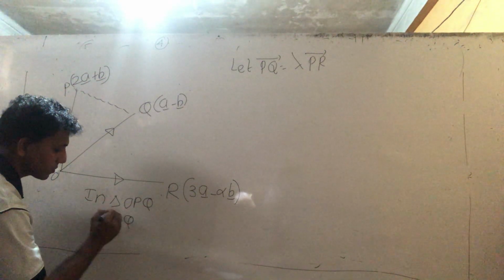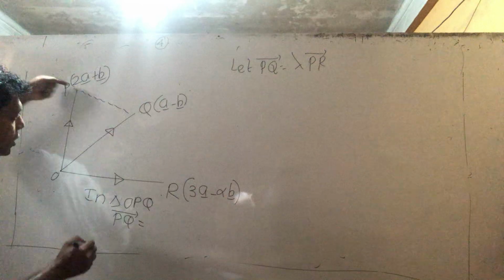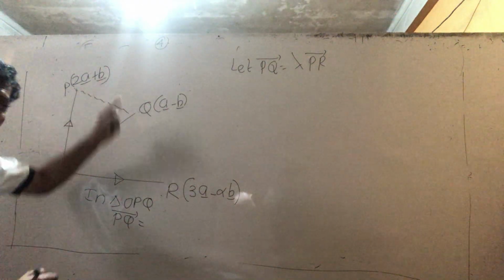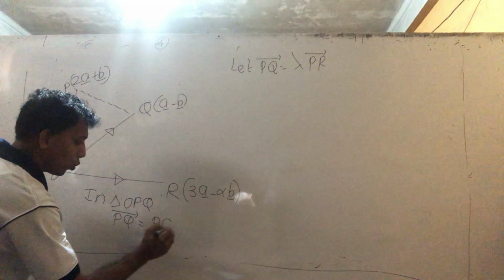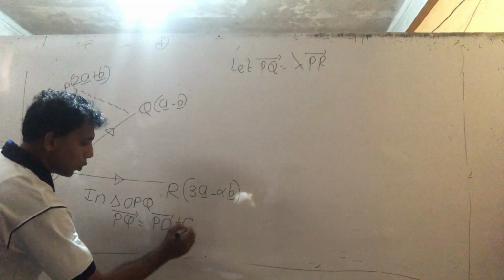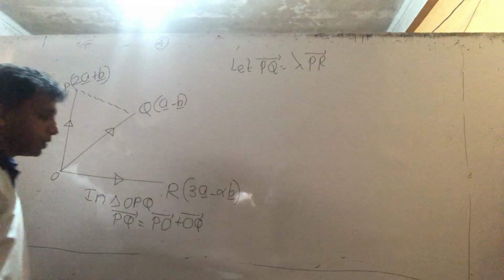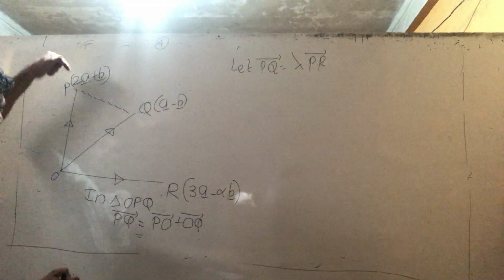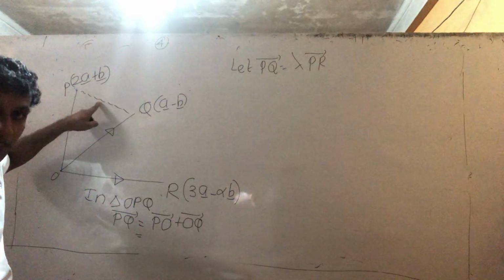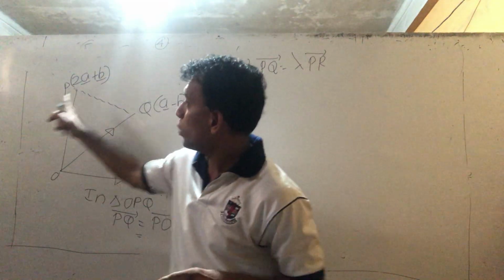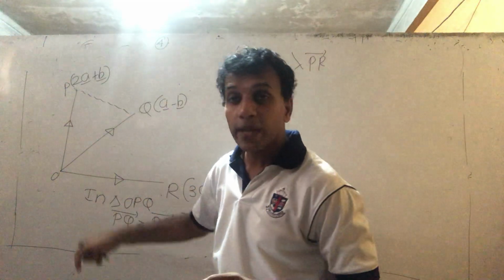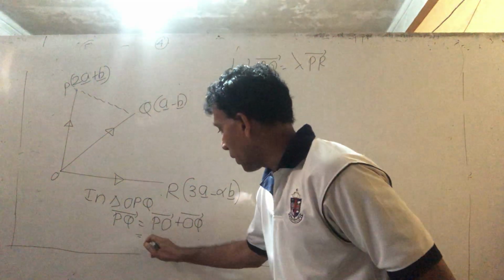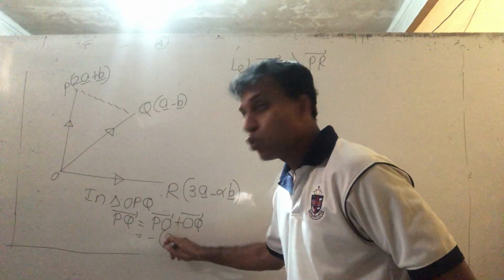PQ vector equals PO vector plus OQ vector. So what is PO? OP is 2A plus B. Now PO means arrow reversed, negative sign. So minus into 2A plus B.